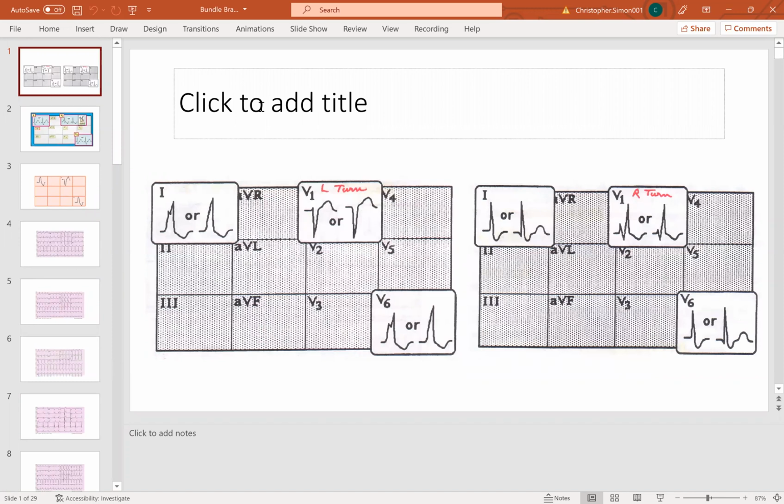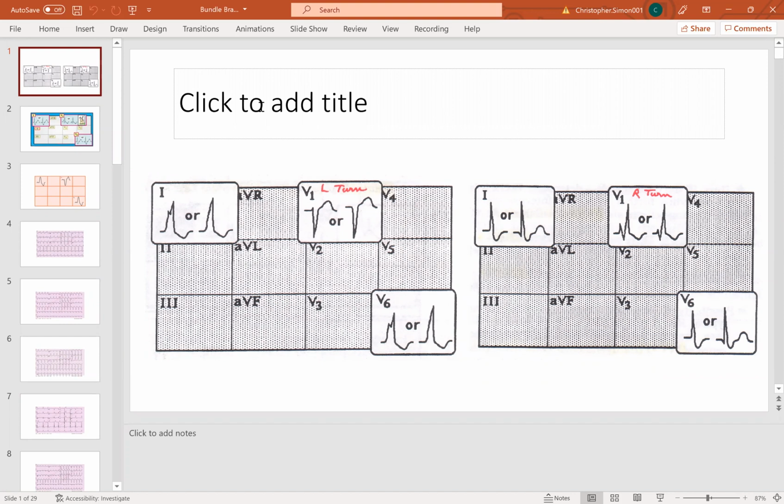Okay, so you got three money leads, as they say. Remember how we talked about money leads before when I was talking about axis deviation? I said your two money leads to look at for axis deviation are lead 1 and lead AVF, right? Those are your money leads, okay?